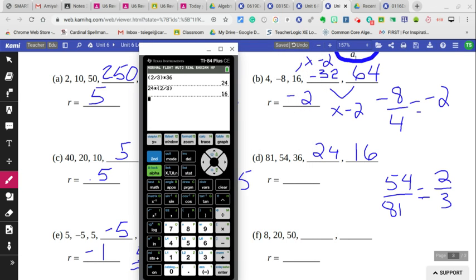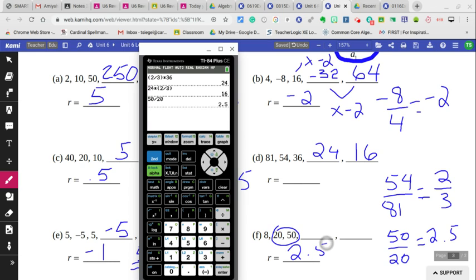All right, this one we have 50 divided by 20. That's these two here, right? And if we do that, we have 50 divided by 20. Our ratio is a decimal, it's 2.5. So we're going to multiply each one by 2.5.